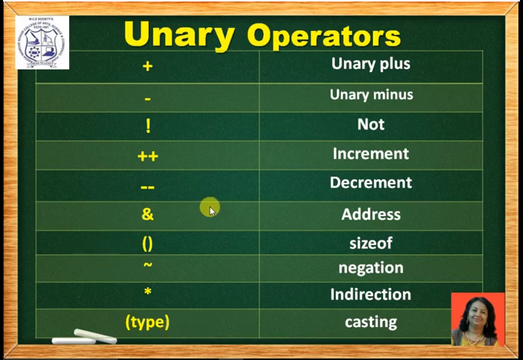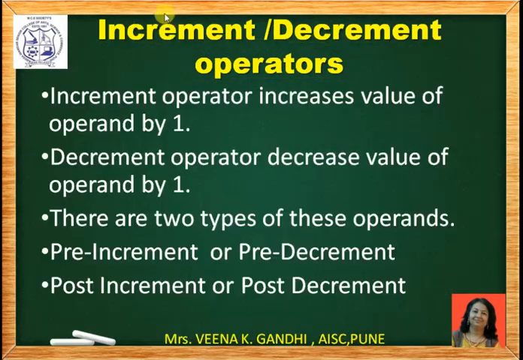Now we will focus on two special operators: the increment operator and the decrement operator. The increment operator increases the value of the operand by 1, and the decrement operator decreases the value of the operand by 1. Now there are two types of these operators: pre-increment or pre-decrement operator, and post-increment or post-decrement operator.